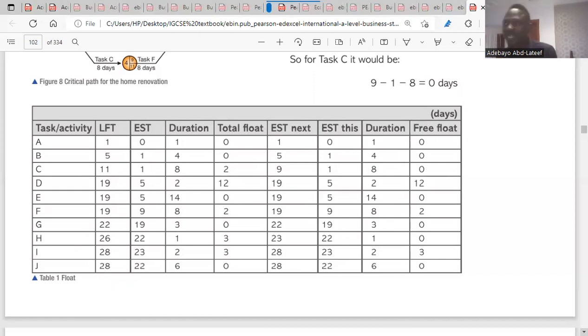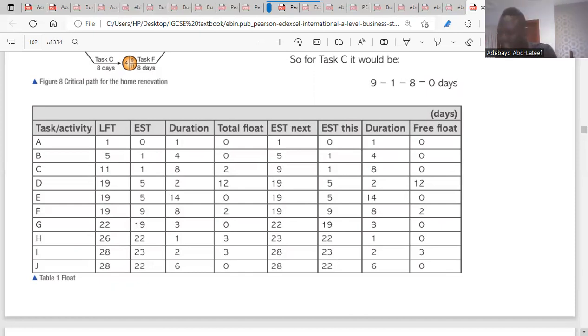So how do you calculate the free float? It is the EST of task B, which we are checking for the amount of time that we can delay it, minus the EST of task C, that is the subsequent task of B. The subsequent task of B is task C. Yes or no? Yes. So the EST of task B minus the EST of task C minus the duration of the project. That will give us the free float. Do you get it? Yeah.